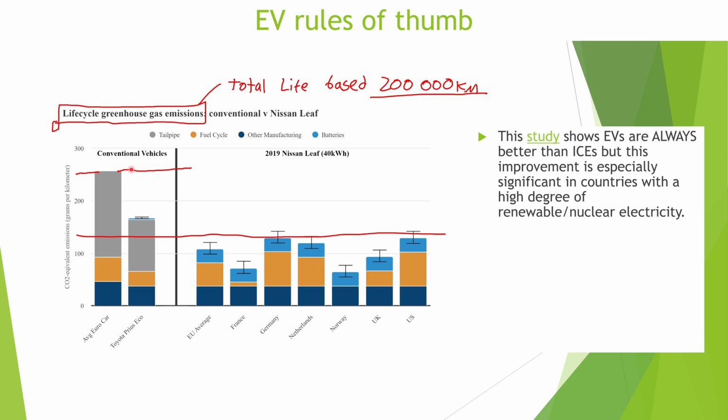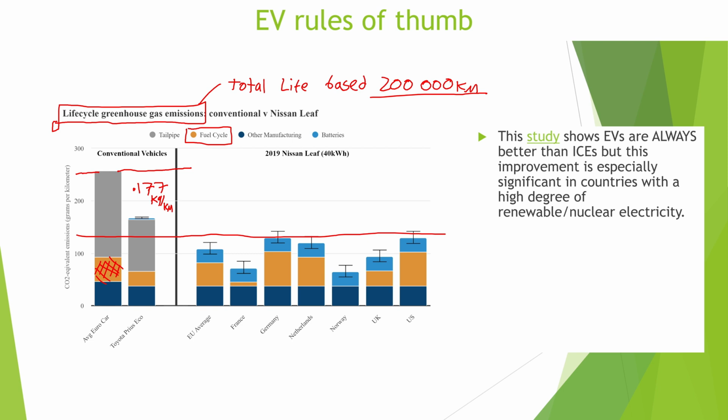There's another point I'd like to make here, which is for the conventional vehicles, the grey represents the tailpipe emissions. So that's the 0.177 kilograms per kilometre that, for example, my vehicle creates. What the orange section here is, I did not even include in my figures deliberately, just to not muddy the waters too much, but that is the fuel cycle emissions.